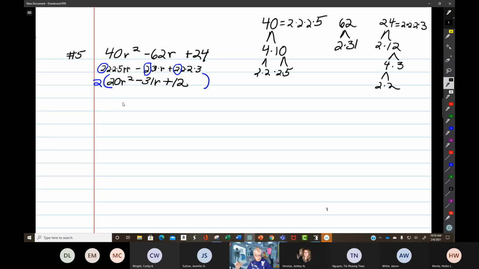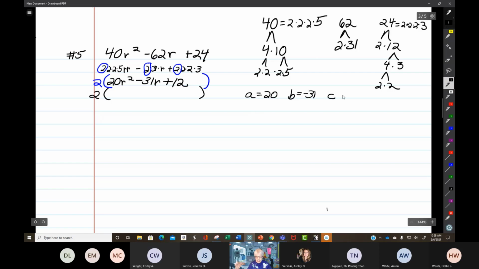Oh, I hate big numbers. But we must do what we must do. Our A now is going to be 20. Our B is negative 31.